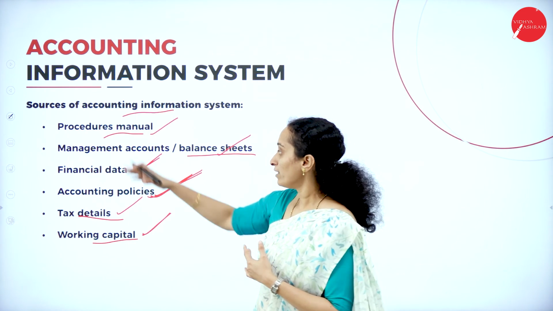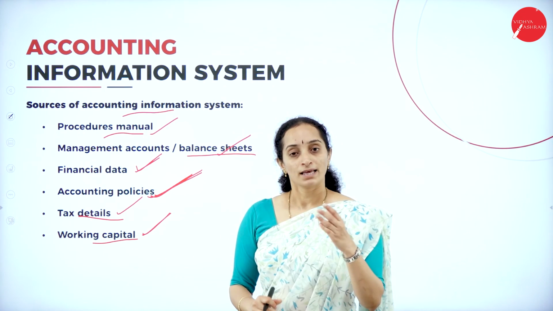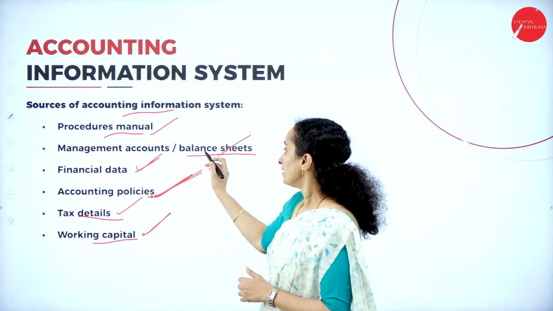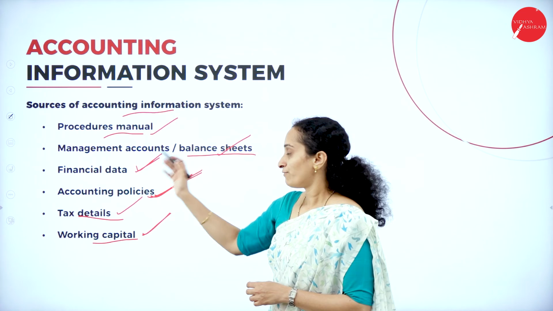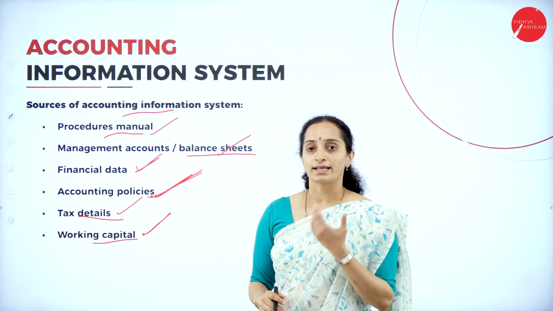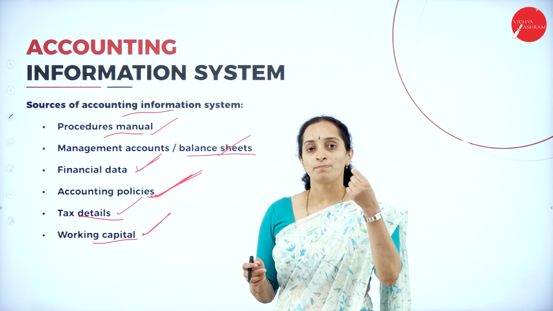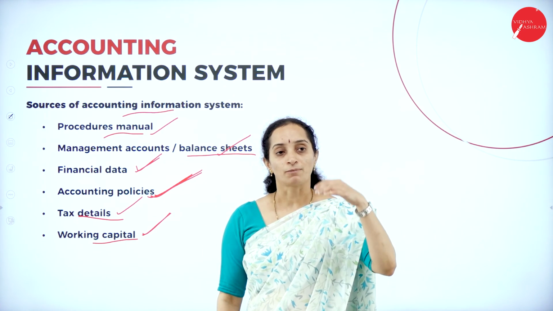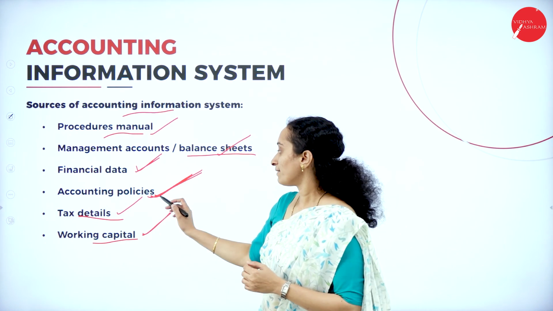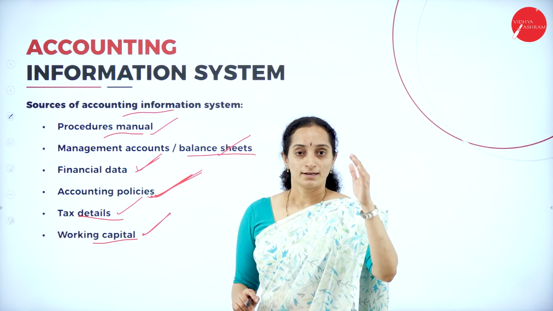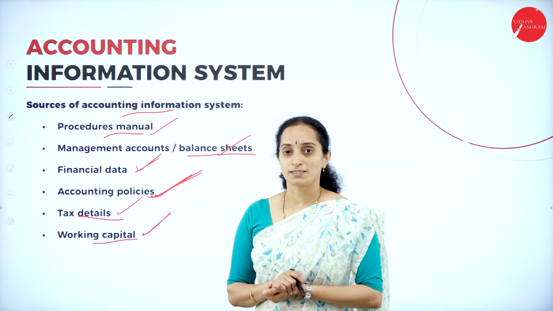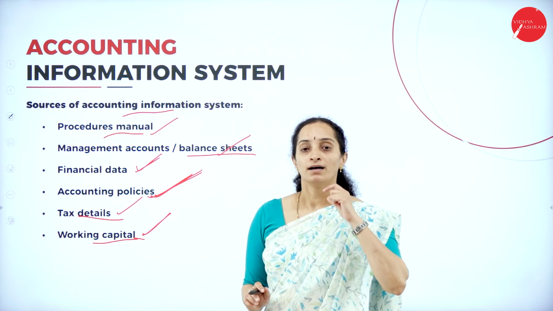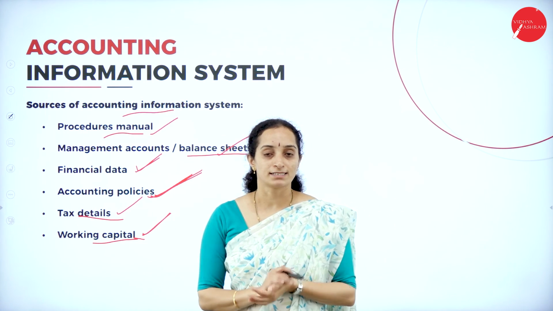Today, all these sources are available in the computer itself, like the procedure manual, the balance sheet, financial data, everything you can get in the computer. Some will be from the records of the organization, some will be online, some will be through the link of the government departments, and the details of the working capital from the finance department.